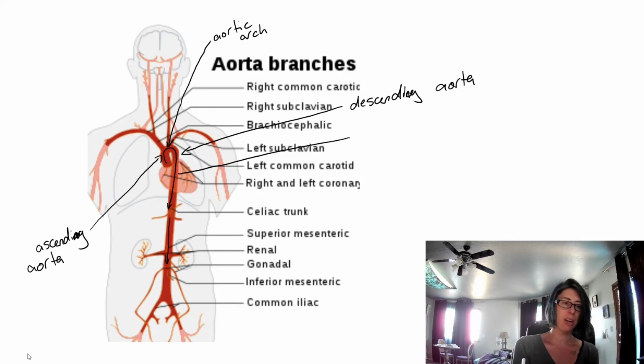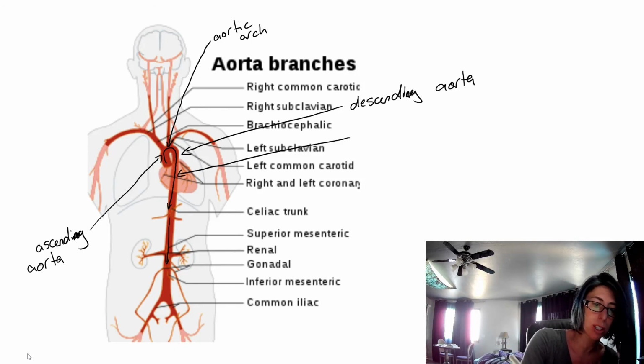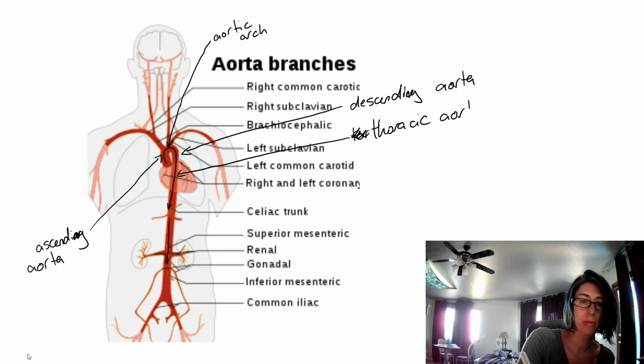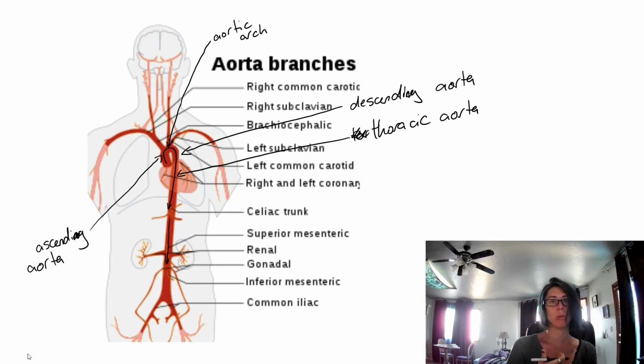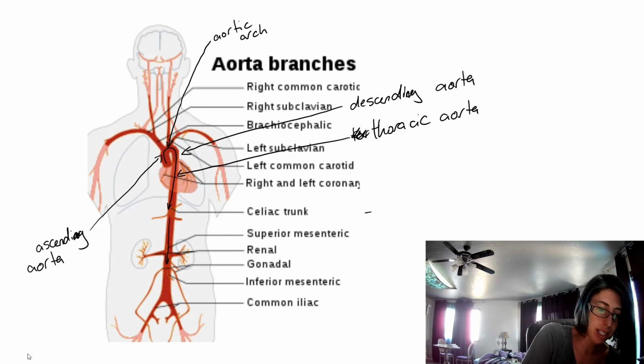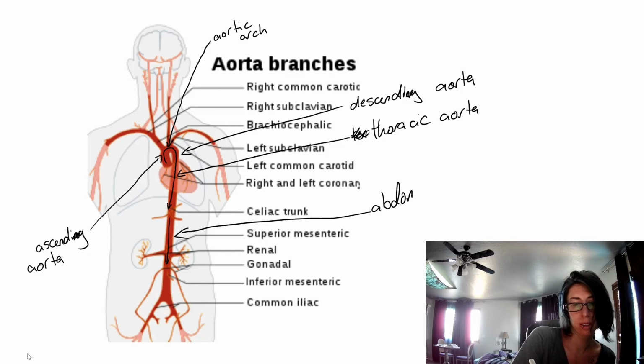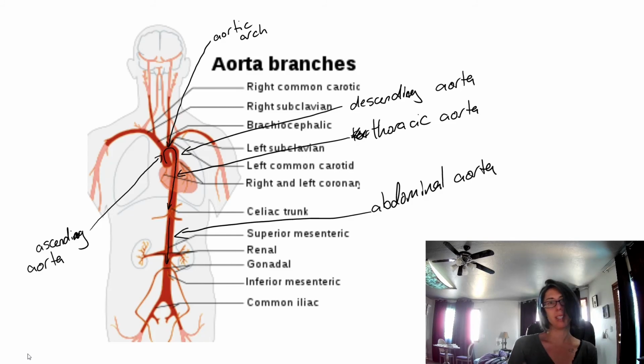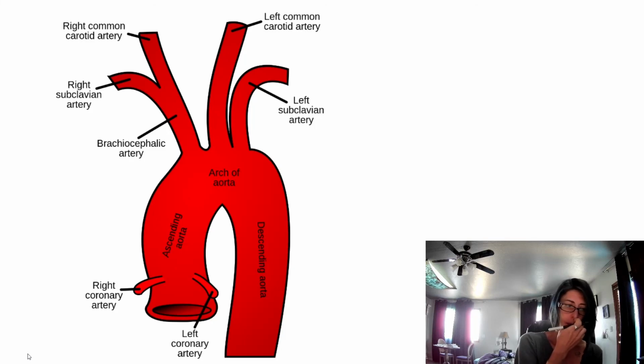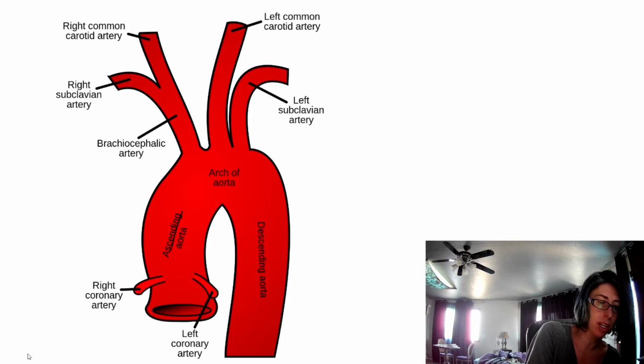The descending aorta becomes the thoracic aorta, as it descends through the thoracic cavity. And then it becomes the abdominal aorta, as it descends into the abdominal cavity. There's one last thing you need to know about the aorta. So there's the ascending aorta, the aortic arch, and the descending aorta.